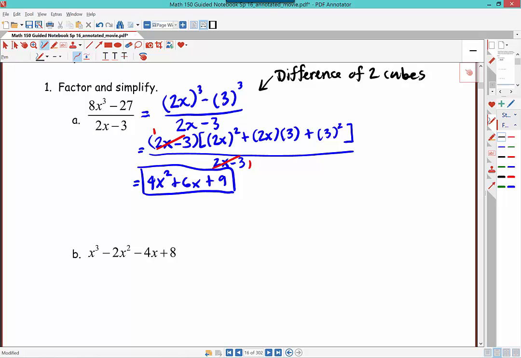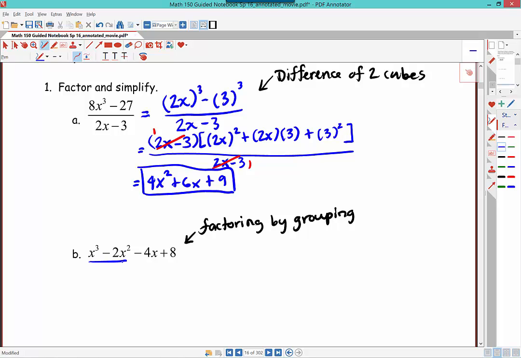Okay, now here the strategy that you probably used was factoring by grouping. So factoring by grouping, typically it's 4 terms. Sometimes you've got to do a little bit more magic on it to make it happen with some of the harder ones.